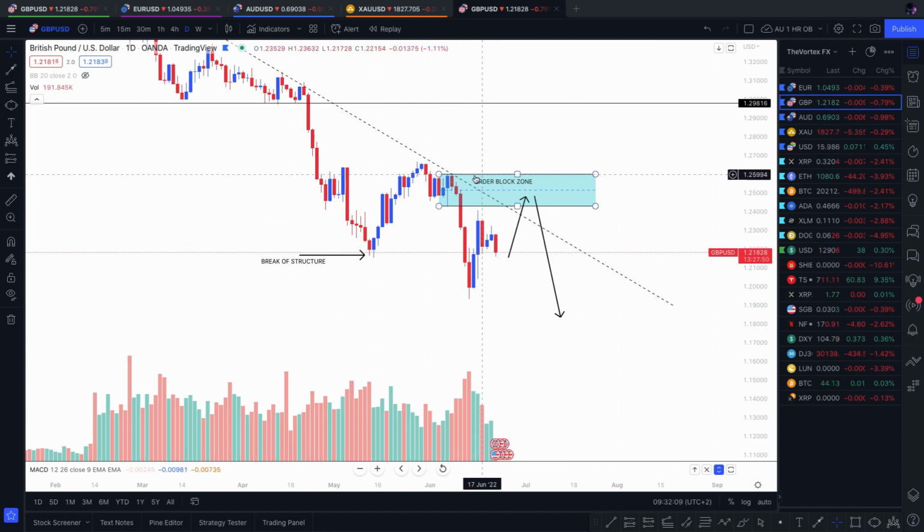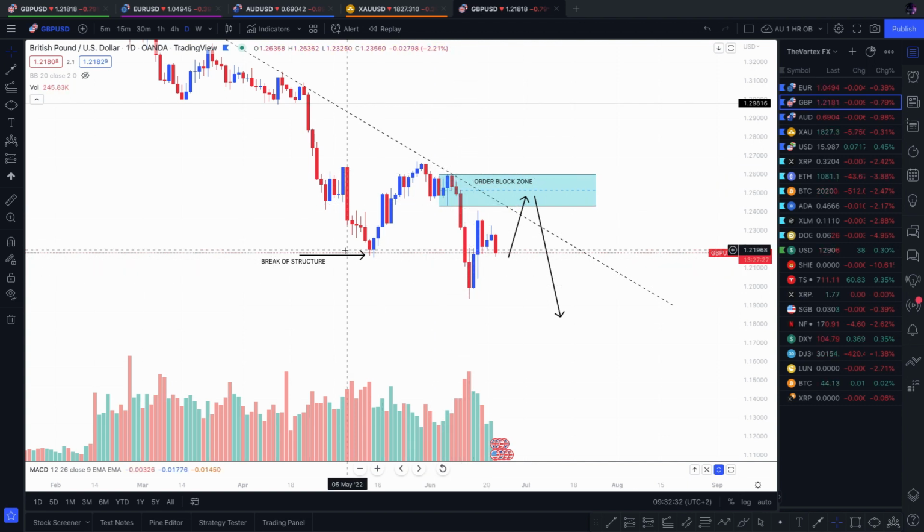I always highlight the last most recent bullish candle before an impulsive move downwards that breaks previous support or previous price structure, which is what we see right here. This was our previous support zone, previous structure, and these candles impulsively broke that.